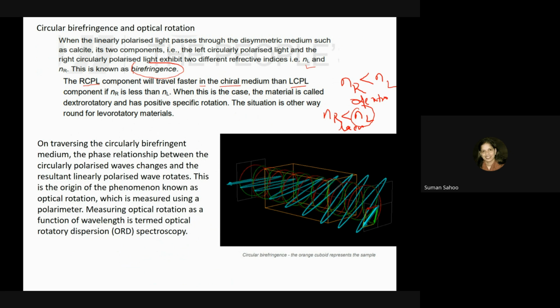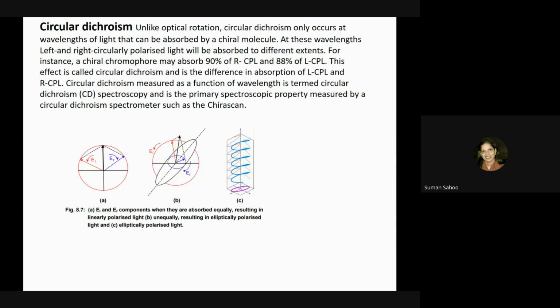In the case of CD, or circular dichroism, we just check the rotation at a particular wavelength. But when we check the optical rotation as a function of wavelength, at different wavelengths, that gives you a spectroscopy, optical rotatory dispersion spectroscopy. We'll come to it.